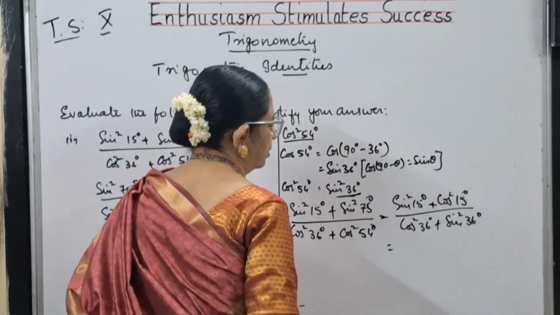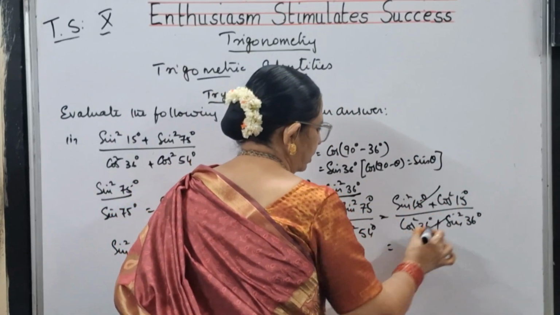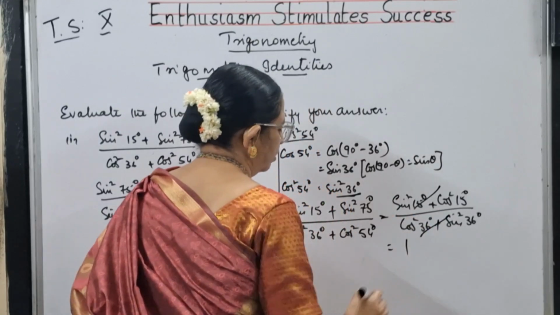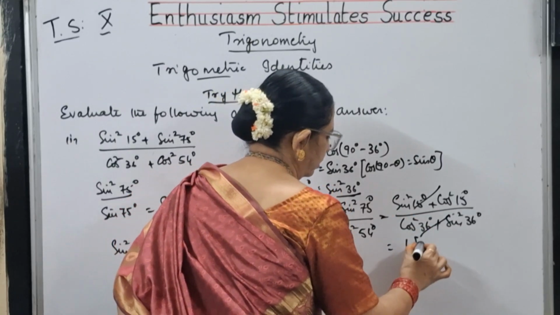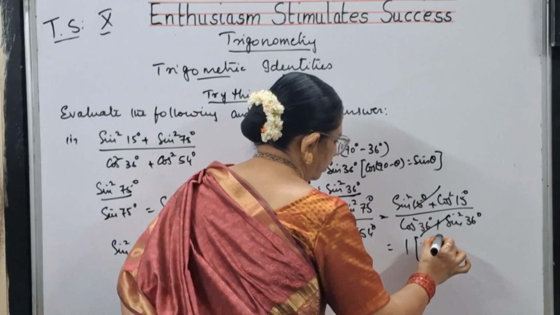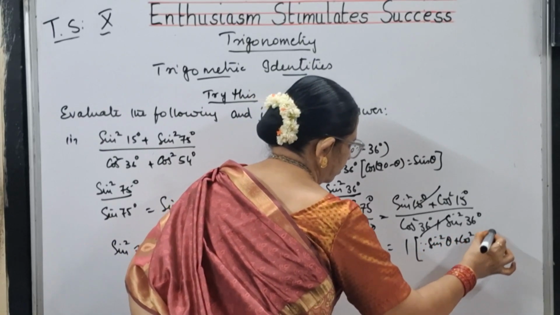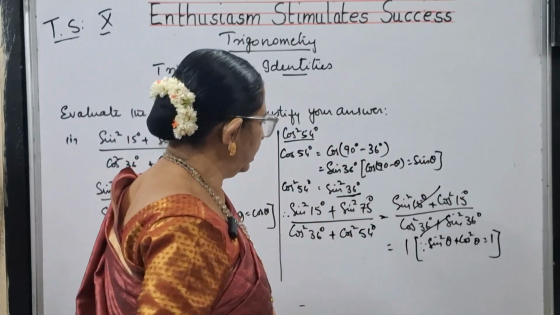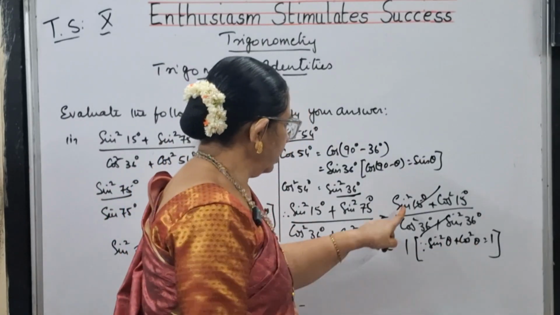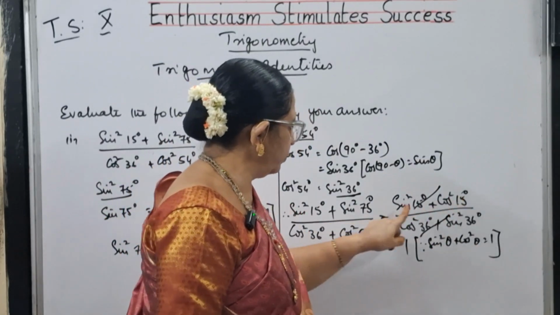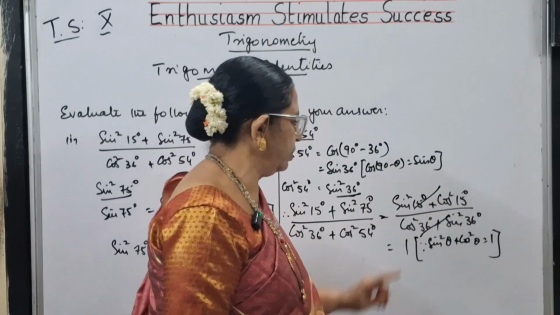This means, children, these two will get cancelled and you are getting 1. What is the reason here? Because sin square theta plus cos square theta is equal to 1. Theta means the same angle: sin square 15, cos square 15, sin square theta plus cos square theta.